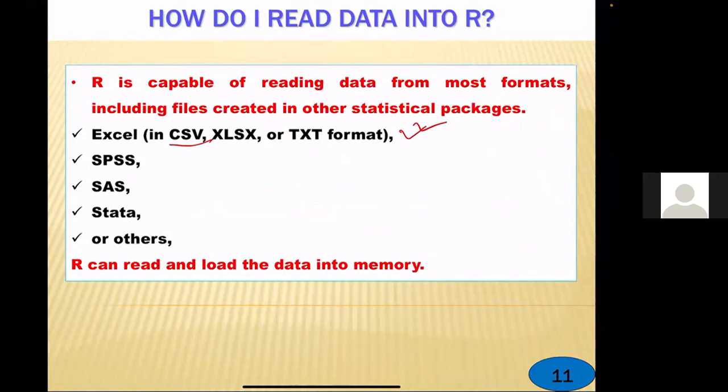Comma separated values. You can go to File, then Save As, then save your file in different extensions like CSV, XLSX, or maybe text. I'm not sure, maybe you can check it in Excel also.